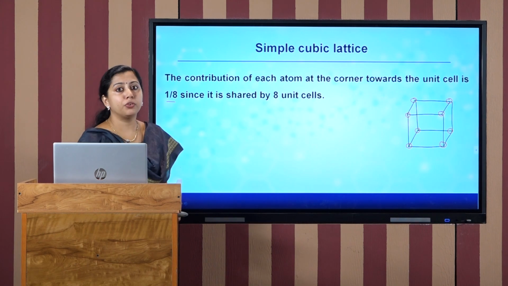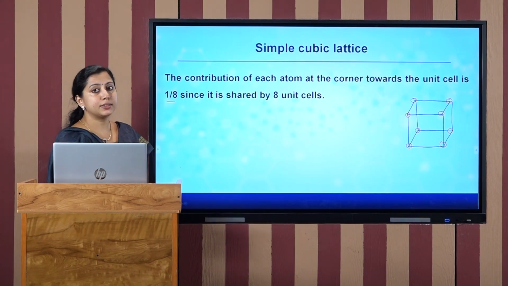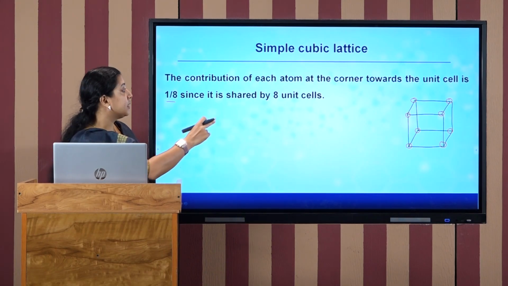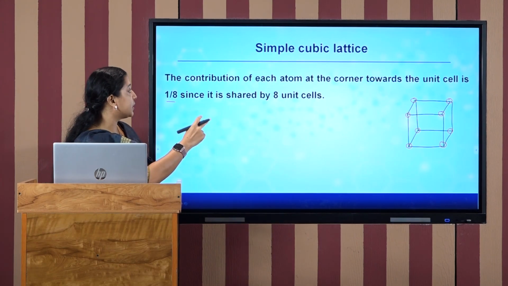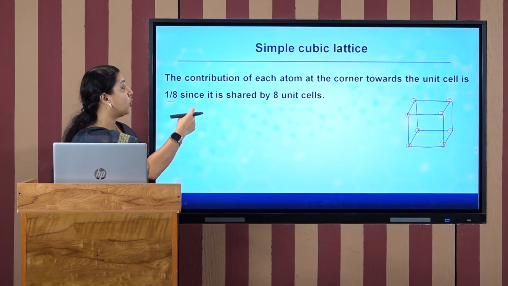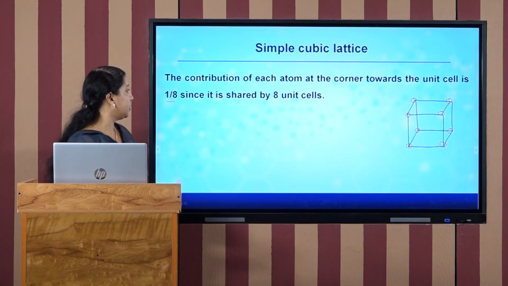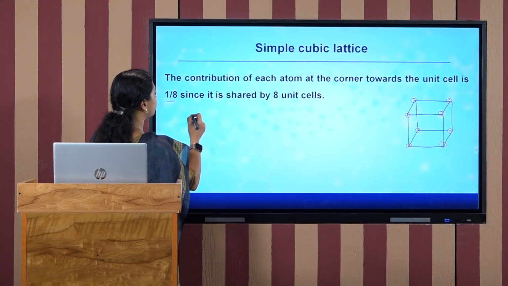So, the contribution of each atom at the corner towards the unit cell is 1 by 8. Why? Because each corner is shared by 8 such unit cells. Total 8 corners, so 8 corners are shared by 8 unit cells.